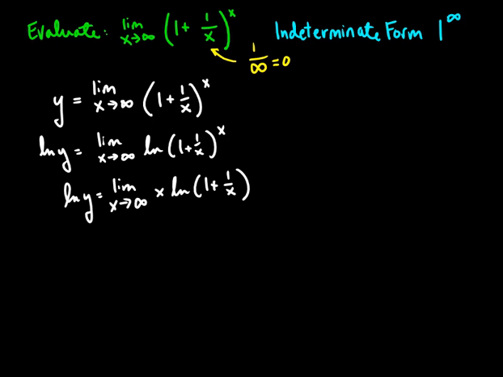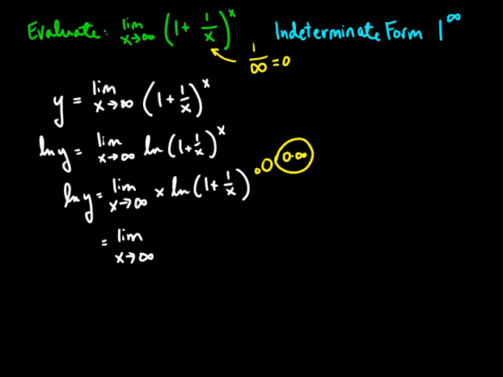Then, when we plug in infinity now, we're still going to get infinity times 1, which is not one of our indeterminate forms, but we could simply rewrite this as infinity times 0, which we know, the way we deal with that is we rewrite it in the form of 0 over 0.